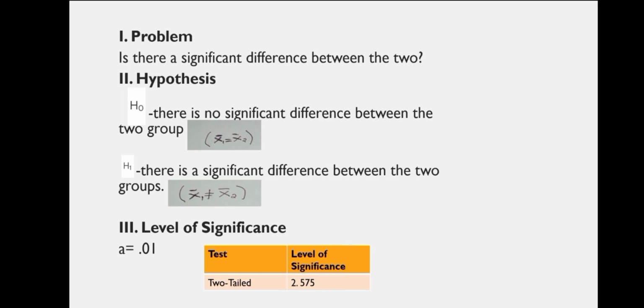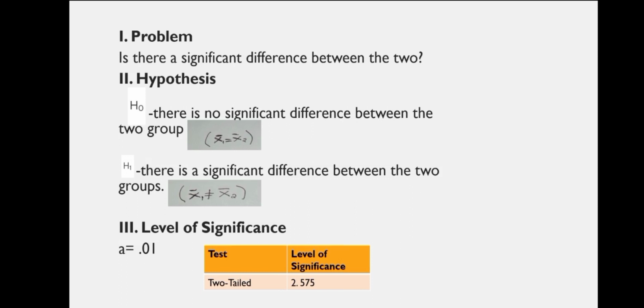There are steps in solving a two-sample z-test for the mean. First, we should formulate what the problem being asked is. The problem being asked is: is there a significant difference between the two groups? Next step is to formulate the hypotheses.